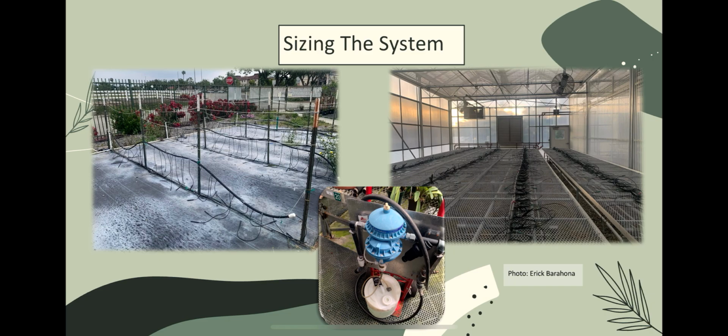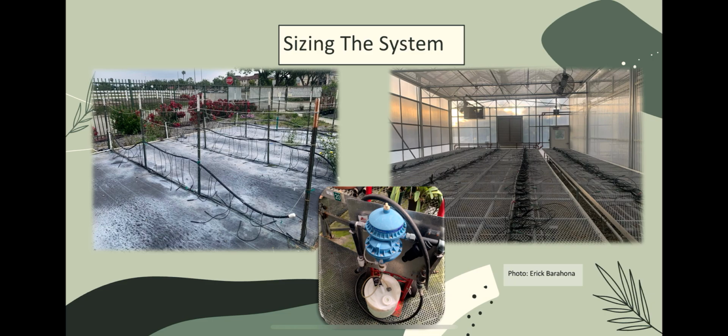And if you've ever been there, you will know how much care goes into each one. So this is what they had to come up with in order to properly feed everything without any nutrient toxicities or without inconsistent feeding.